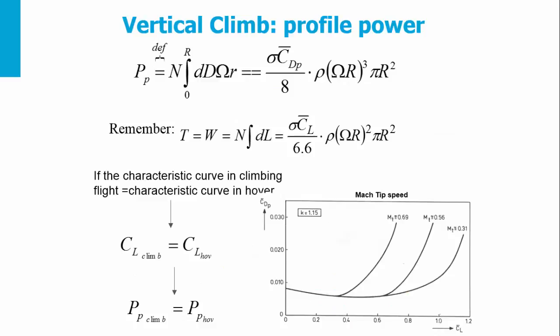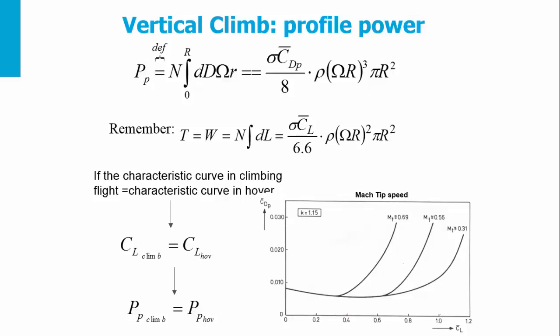Something else. For the profile power, we need to apply the same formula as we apply in hover. So the profile power is an integral around the radius multiplied by the number of blades from the drag forces on the blade. And if we define the blade solidity, we can express this profile power.